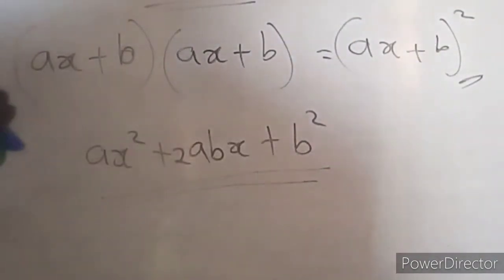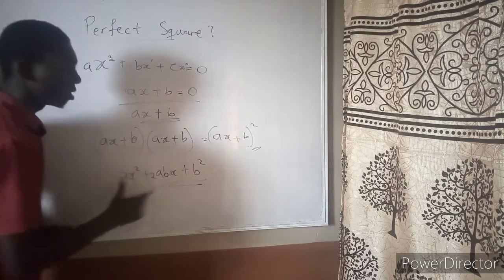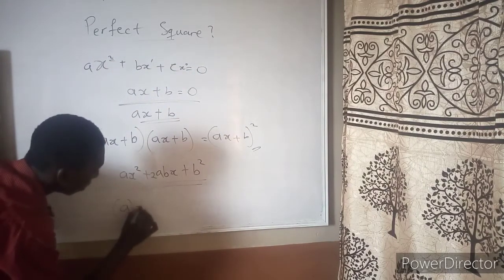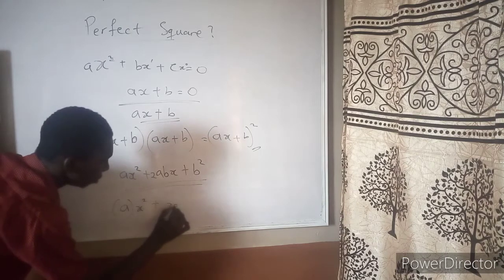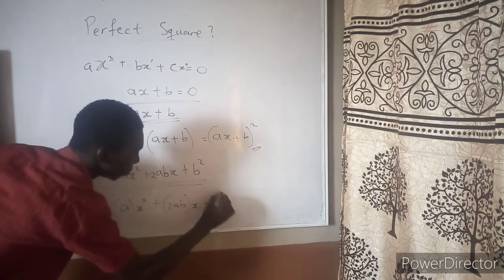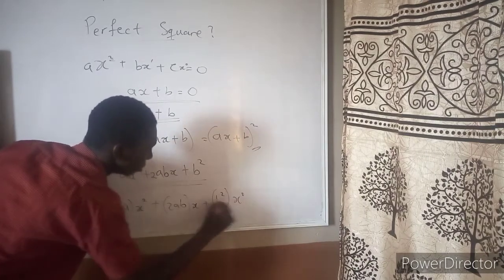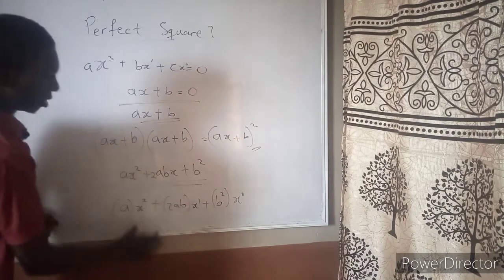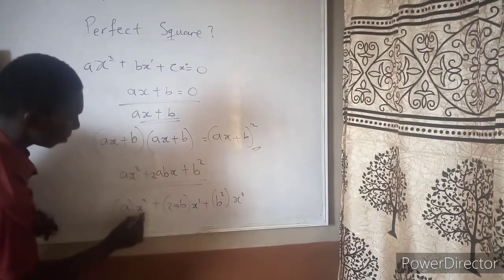Why is it a perfect square quadratic equation? Because it is in the form of a quadratic equation. If I break this down, I have a squared x squared plus 2ab x plus b squared, and the highest power of x is 2.